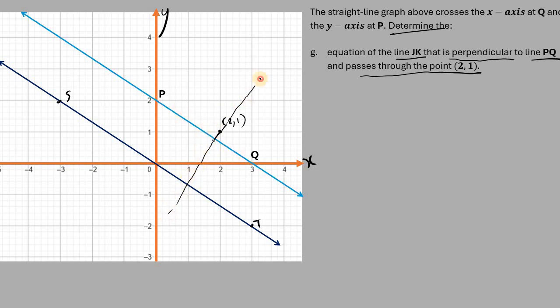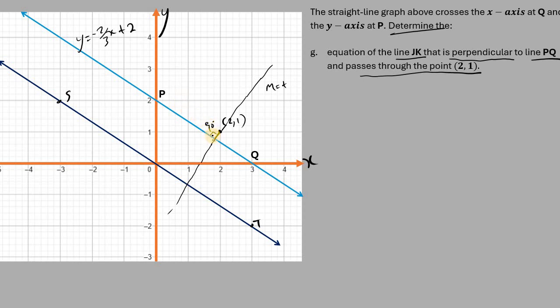This line will be perpendicular, in other words, make a right angle with it. It's a right hand diagonal, so this will be a positive gradient, while this has a what? A negative gradient. The equation of this line is negative 2/3 x plus 2.